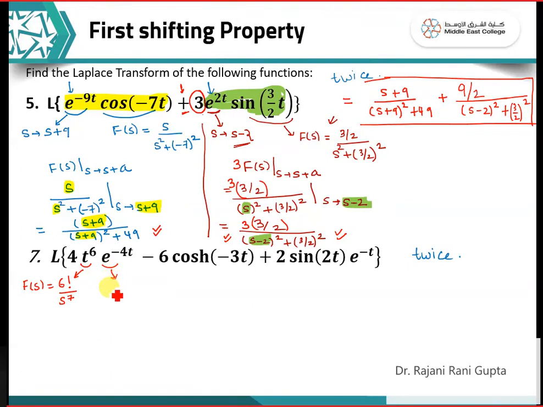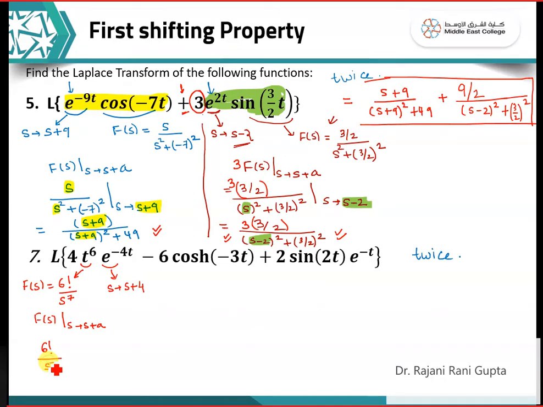This gives you s goes to s. If it is minus, make it plus 4 and put it in the rule, F(s), s goes to s plus a. It's okay, you can avoid writing this rule again and again, if you are sure that you are not going to make a mistake.